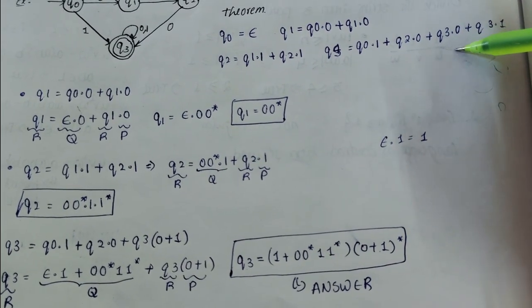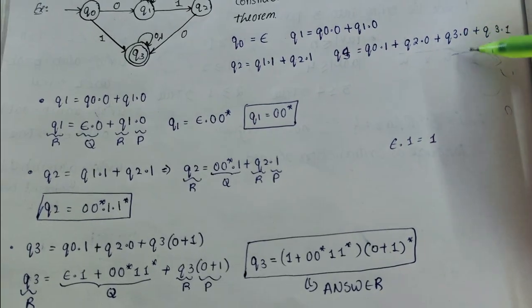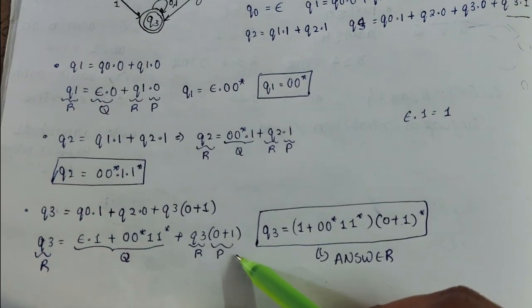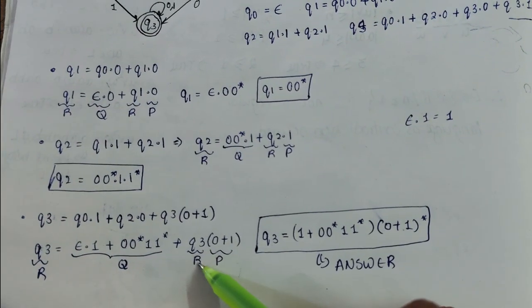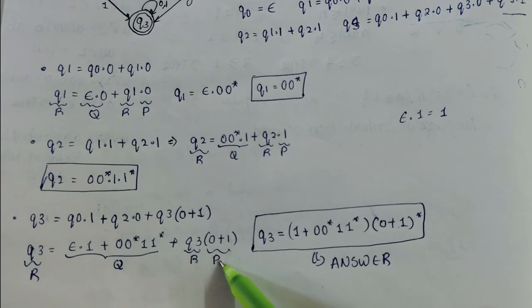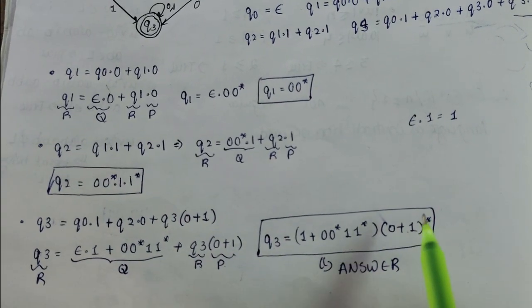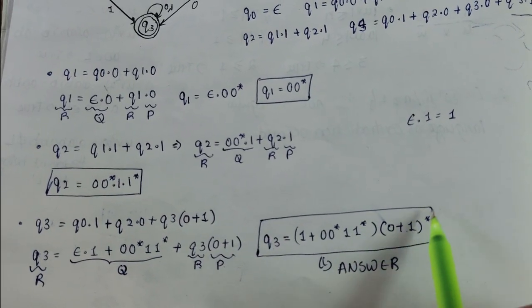So Q3.0 + Q3.1 is nothing but Q3(0 + 1). So this is Q, this is R, and this is P. We do QP*, and we'll write it as it is, ignoring the epsilon, and (0 + 1)*.